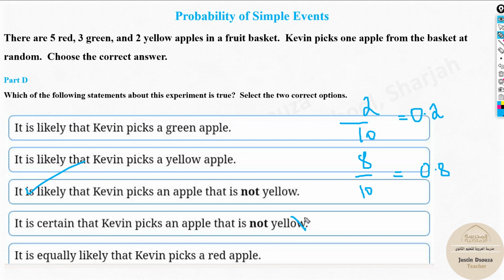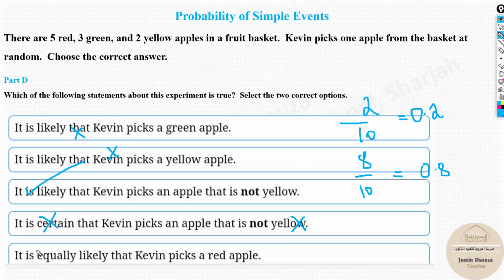See, now this is wrong. Why? Because certain means it is 100% sure, at least over 99%. No, this is wrong because there's only an 80% chance, or 0.8, that an apple that is not yellow will be picked. So it is not certain. This is wrong.